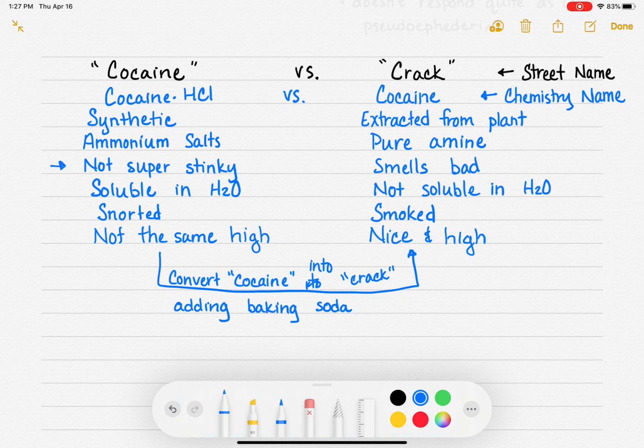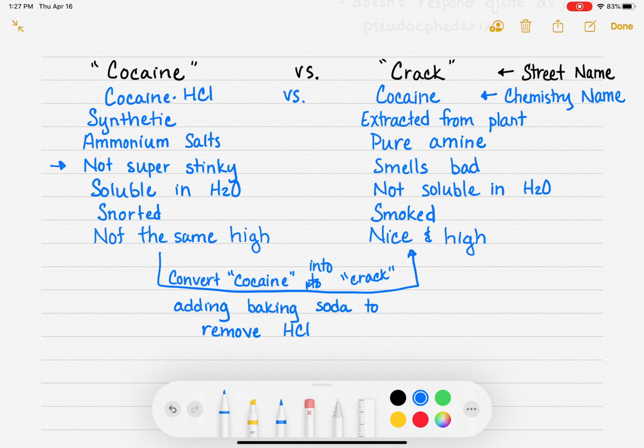Like maybe your mom would do that when you got stung by a bee, like put baking soda paste on you. So they'll add some baking soda with water, make it a paste, mix the cocaine in with it, and that baking soda will remove the hydrochloric acid, and then all they have to do is dry the cocaine back out. As it dries out, it solidifies into this crack rock.